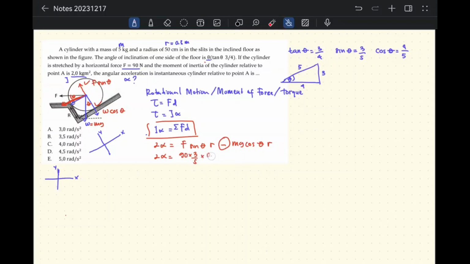And the radius is 0.5, minus m is 5, g is 10, cos theta is 4 out of 5, and the radius is 0.5. 27 minus 20. 2 alpha equals 7, alpha equals 7 out of 2, which equals 3.5 radian per second squared. So the answer is B.